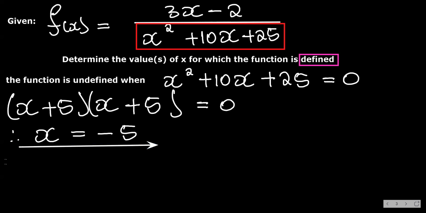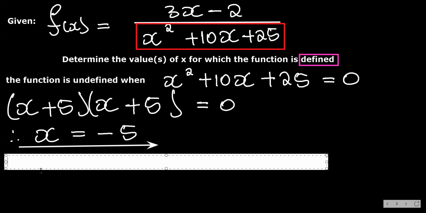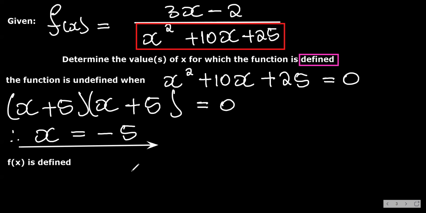Now that we know the function is undefined when x is negative 5, then where is it defined? Well, f of x is defined everywhere, just not when x is negative 5. So you can say f of x is defined for all the real values of x, just not when x is negative 5.